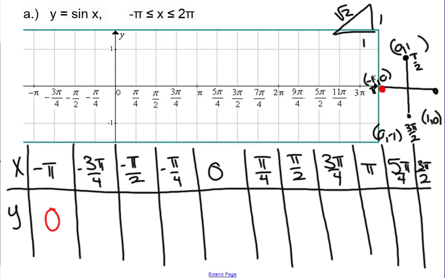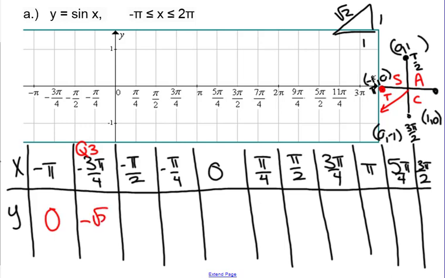Negative 3 pi over 4, things we need to check. Negative 3 pi over 4 has us right there. That means we are in quadrant 3. If we're in quadrant 3, what is the value, positive or negative, of our sine function? Well, it is negative. And our reference angle is 45.